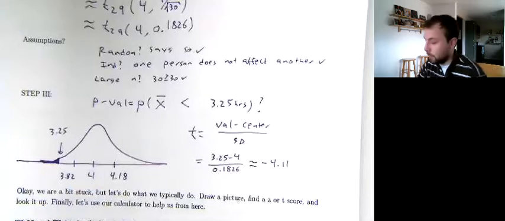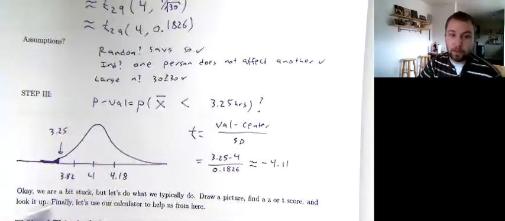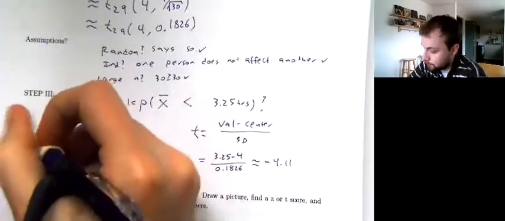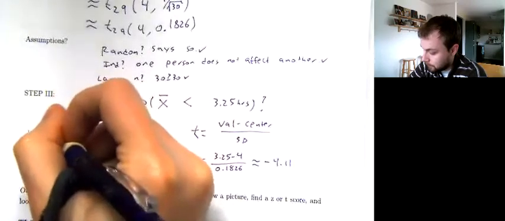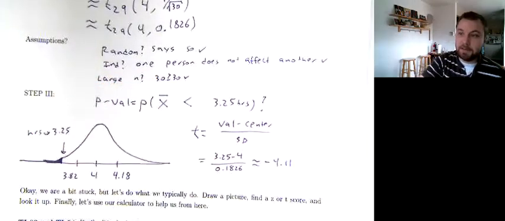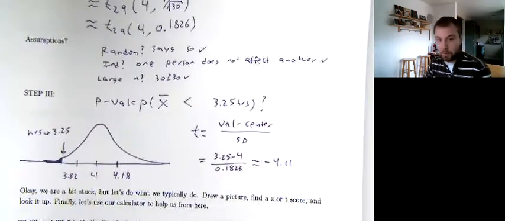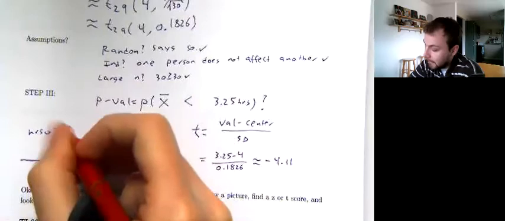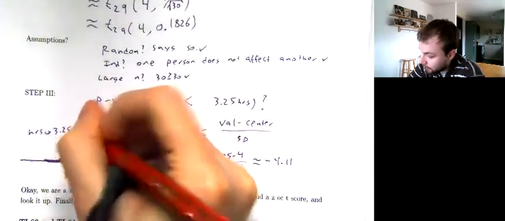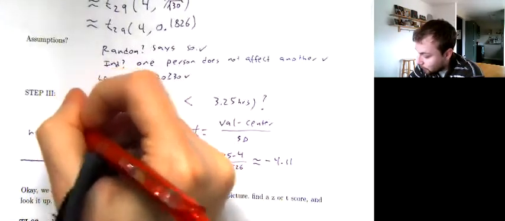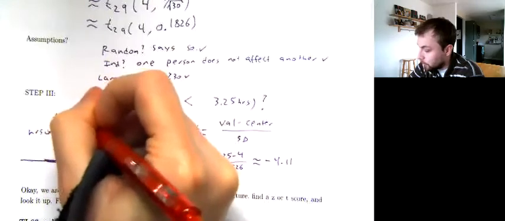So on this picture where I have things kind of labeled with the hours here on the top, I'm going to label the same thing with the t-score here on the bottom. This would be the number of tick marks. So 3.25 hours, if this was an x value, is equivalent to a t-score of negative 4.11.